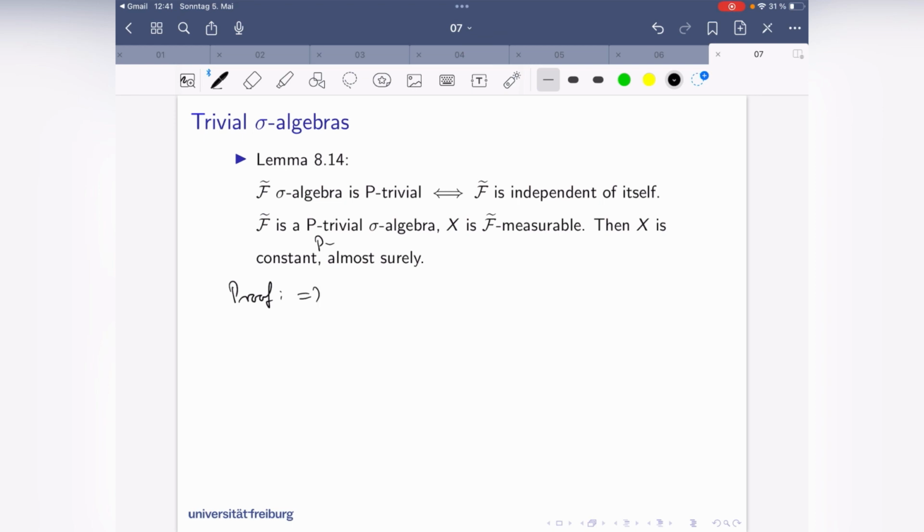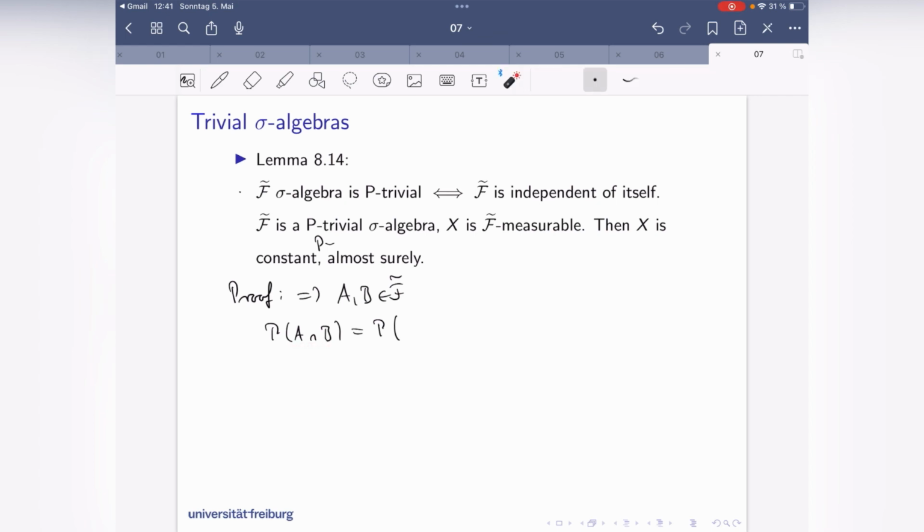For the first thing, from left to right, if a sigma algebra is P-trivial, it's independent of itself. So pick two elements A and B of the sigma algebra. We know it's trivial, and P of A intersect B can only be 0 or 1. And when is it 1?